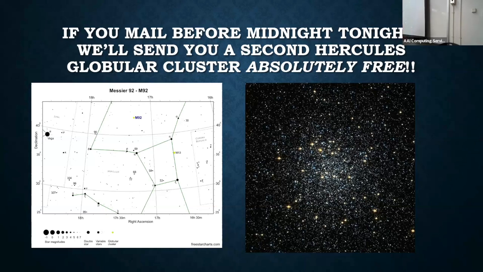It does point out one thing about globular clusters that's kind of interesting. You'll notice that some of the stars in this globular cluster are kind of blue. And astronomers didn't expect to find blue stars in a globular cluster. Blue stars are very hot stars and usually young stars, and these are supposed to be very old.